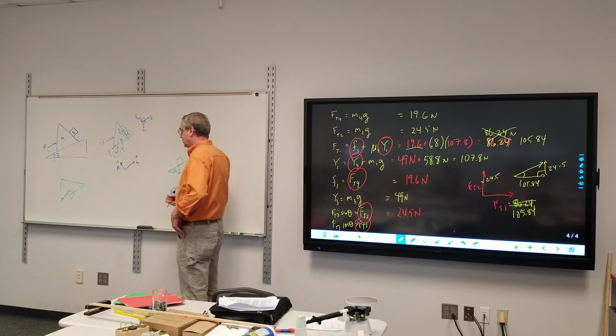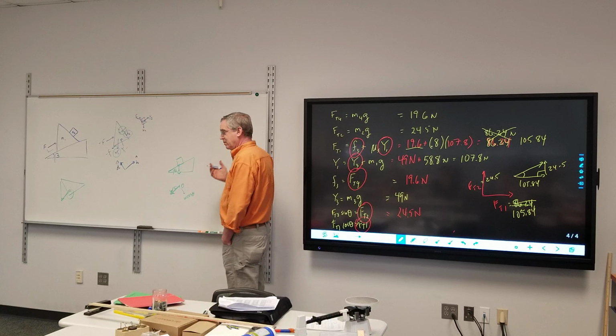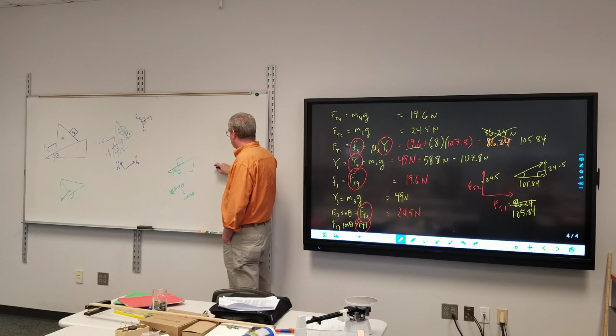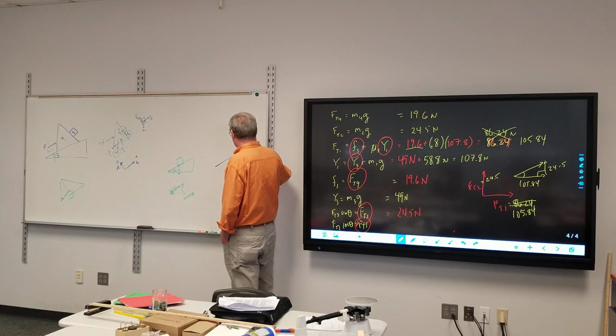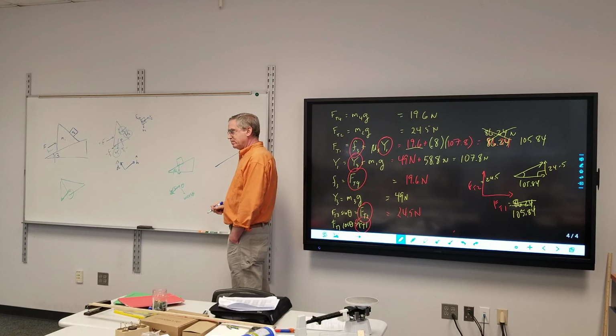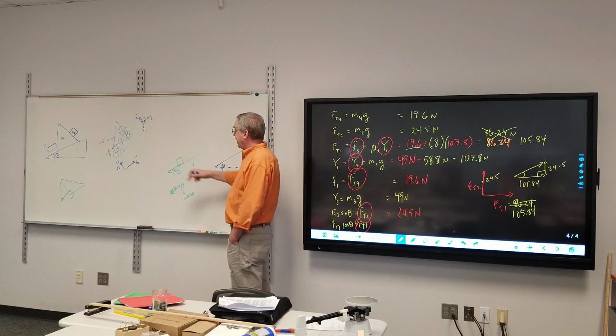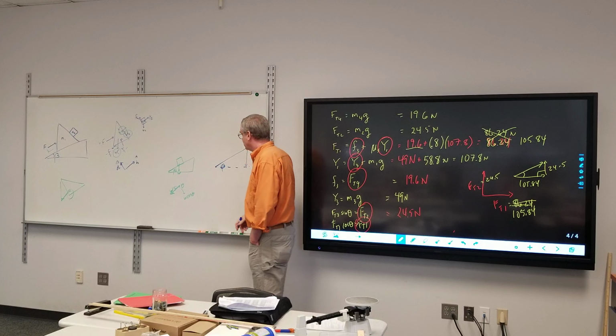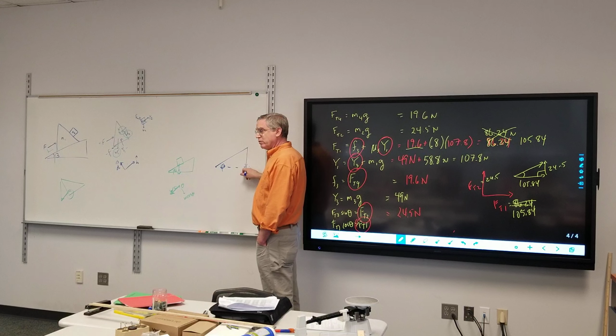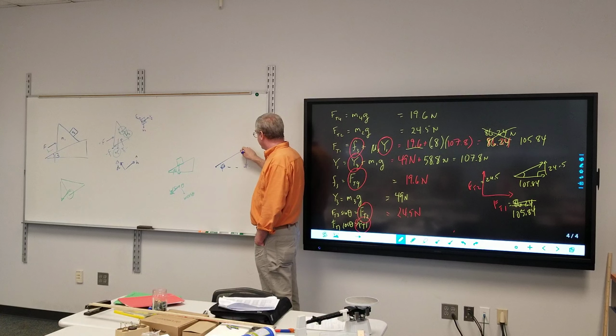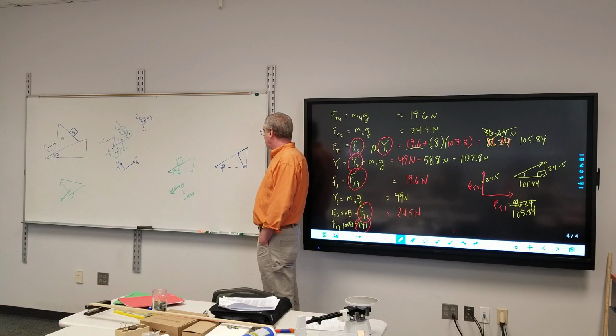Yeah. All right. Couple ways of looking at it. I'm breaking weight up. This angle here is beta in the case over there. Weight is my hypotenuse, and what I'm breaking up is my hypotenuse. And so I've got a component parallel to the ramp and perpendicular to the ramp.